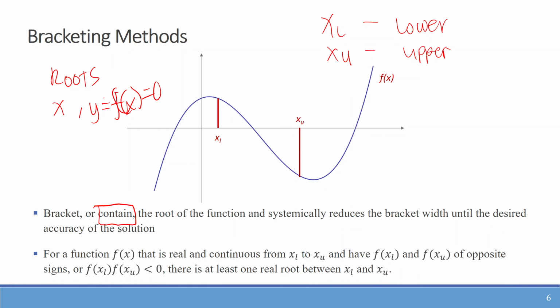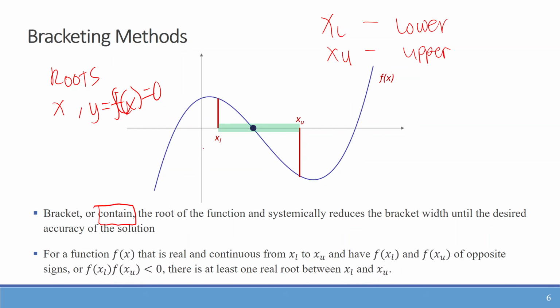And by just looking at the graph, we can know exactly that the lower x and the upper x are bracketing or containing our root. And the root is there when y is equal to 0. When we apply bracketing methods, we contain and then we check.